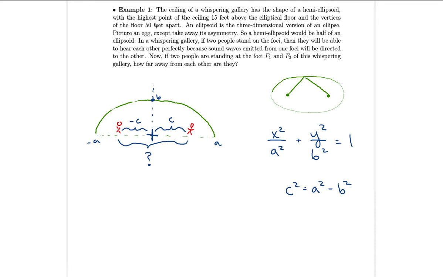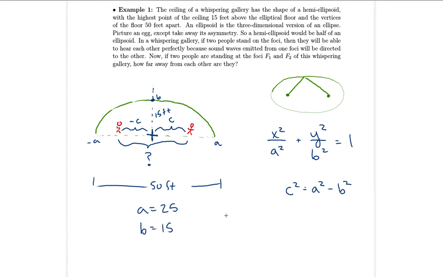Because the walls are 50 feet apart, we know it's a total of 50 feet from here to here. So that must mean A is equal to 25, right? And then we know that this height here is 15 feet, so B is 15.